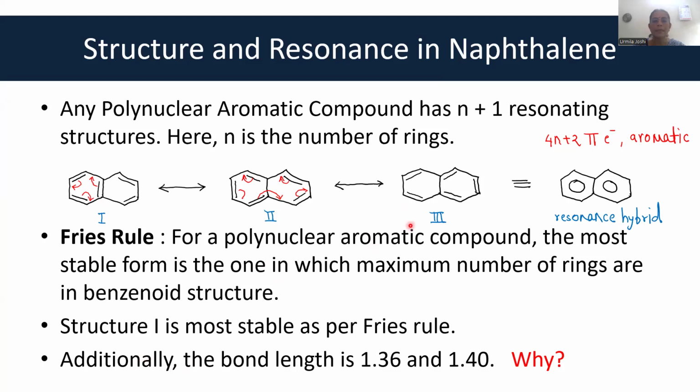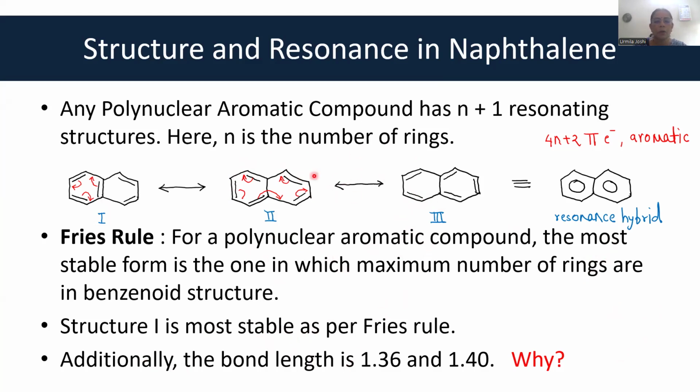Then the next observation about naphthalene was, if you try to recollect benzene, benzene has all 6 bonds with a common bond length. And that is how the benzene structure was finally solved. Here in naphthalene, all the bonds do not have the same bond length.